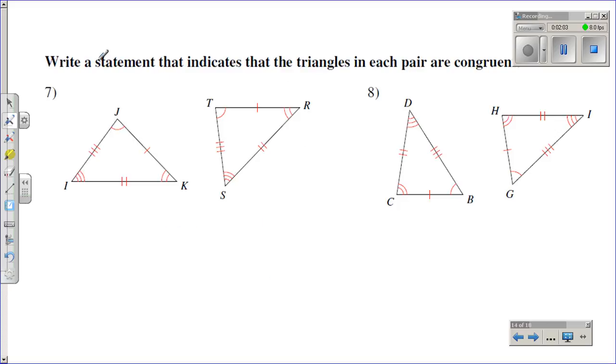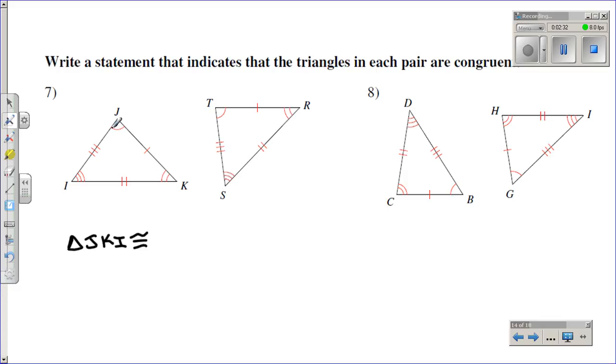Alright, now this says write a statement that indicates that they're congruent. See how these have all the same markings? This means these two are congruent to each other. Here's what I do. I'm going to look at the angles. You can start anywhere you want. I'm going to look at this one. I'm going to go JKI. So I'm going to go triangle JKI is congruent.